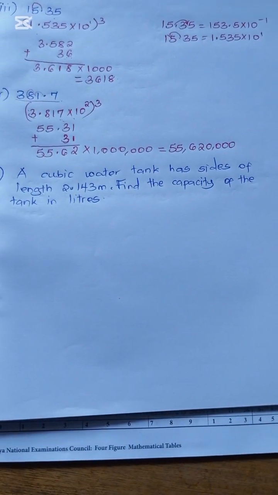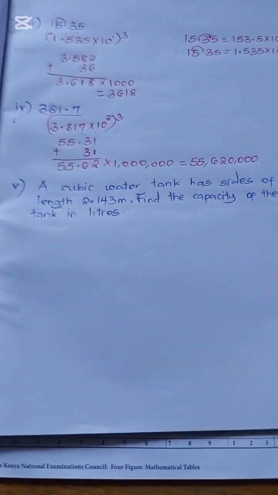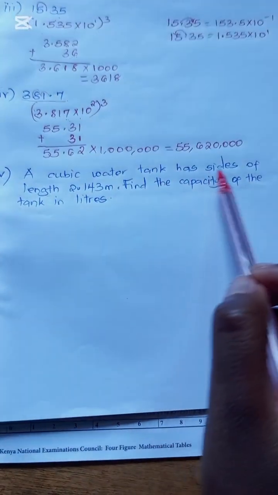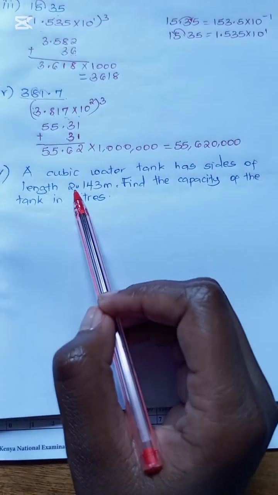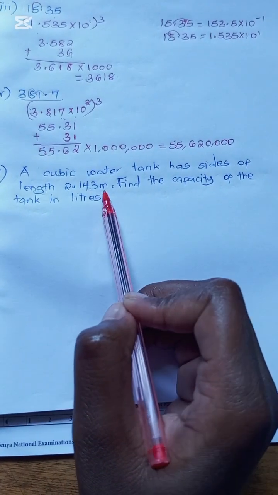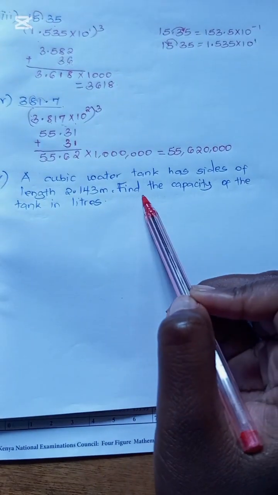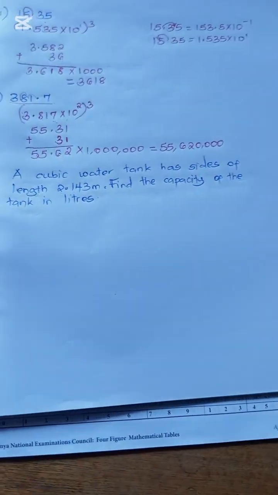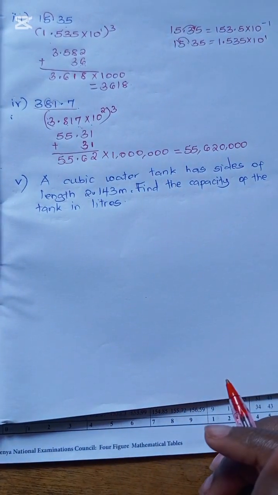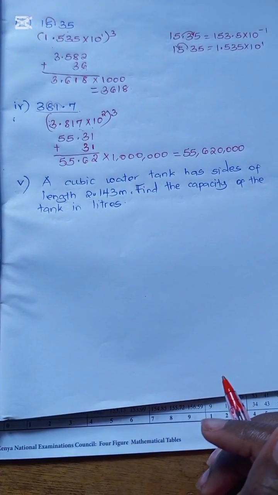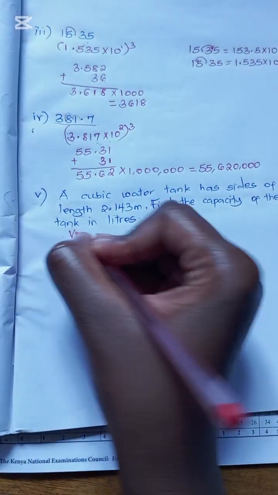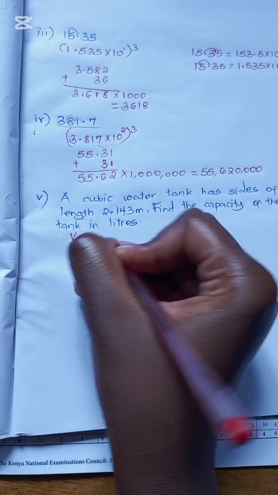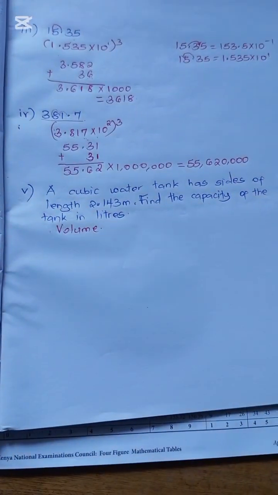Finally, you could try this on your own. A cubic water tank has sides of length 2.143 meters. Find the capacity of the tank in liters. So to find the capacity, first of all, we have to find the volume. And how will we find the volume?